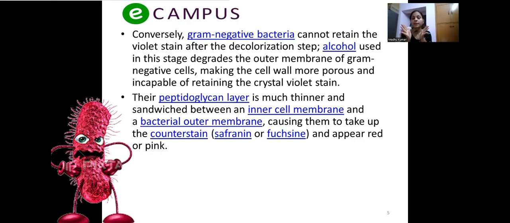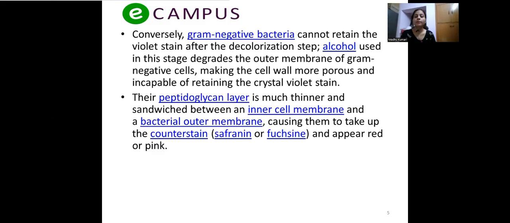What happens in gram negative bacteria? This is the peptidoglycan layer, and it is sandwiched between the inner membrane and the outer membrane of the bacteria. So the peptidoglycan layer in gram negative bacteria is thin, and the bacterial outer membrane causes them to take up the counterstain and appear red or pink.